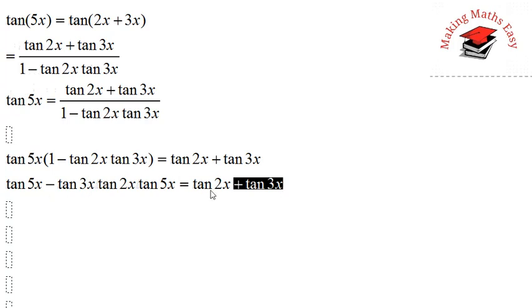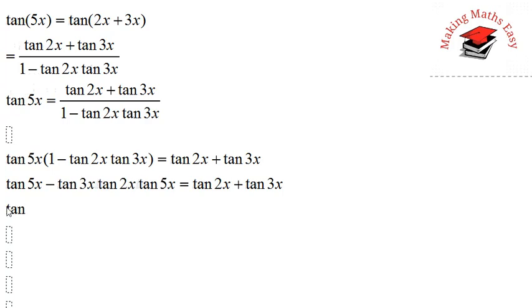After coming to the left hand side, this tan 2x and tan 3x will become minus tan 2x minus tan 3x, and this minus tan 3x tan 2x tan 5x will become plus on moving to the right hand side.